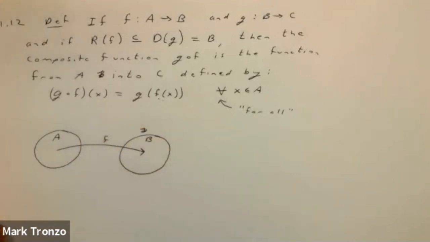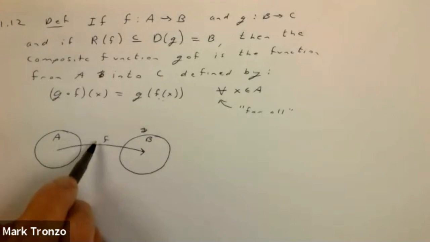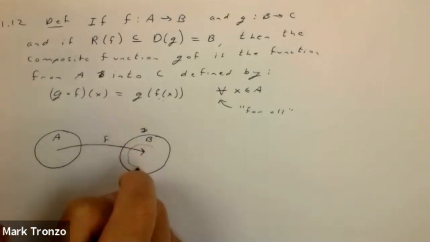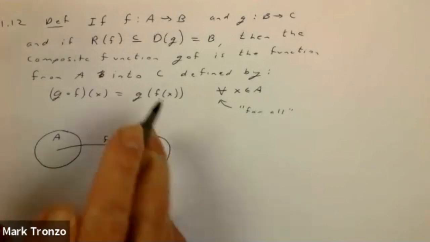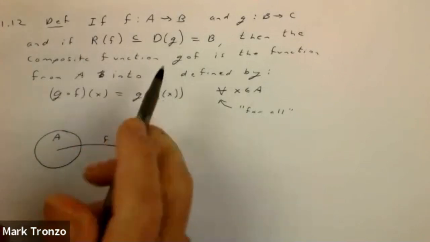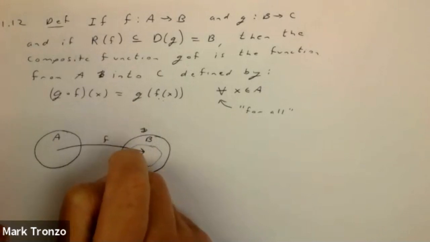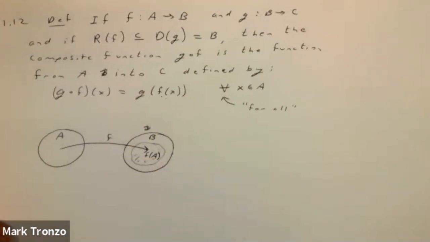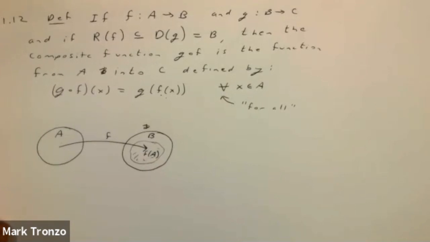Now this here, the range, could be a subset of B. In other words, we're not told it has to be onto. So f of A, the image of A, could be in here somewhere.